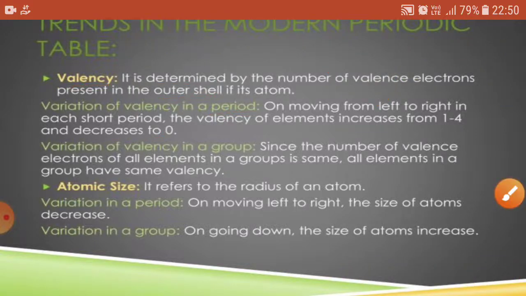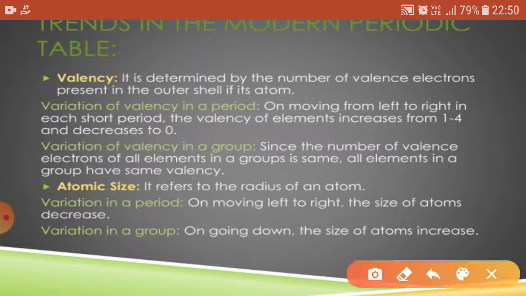Now, what is the trend down the group? On moving from up to down, the valency will be the same. Let us take the example of the first group: hydrogen, lithium, sodium, potassium, having atomic numbers 1, 3, 11 and 19 respectively.